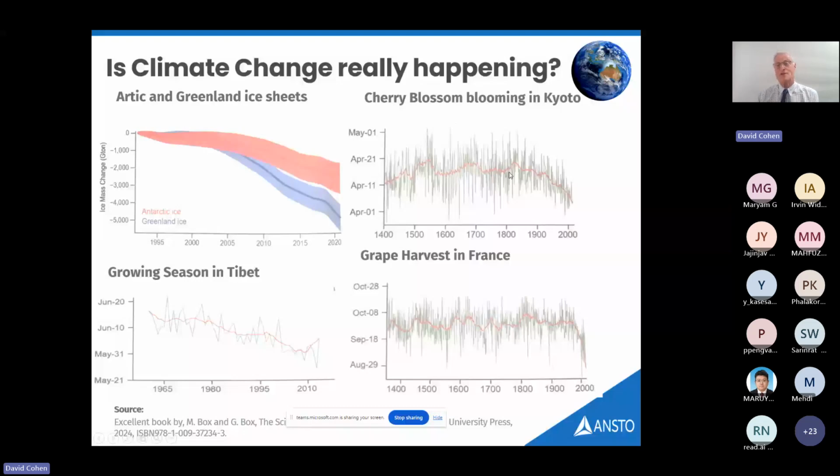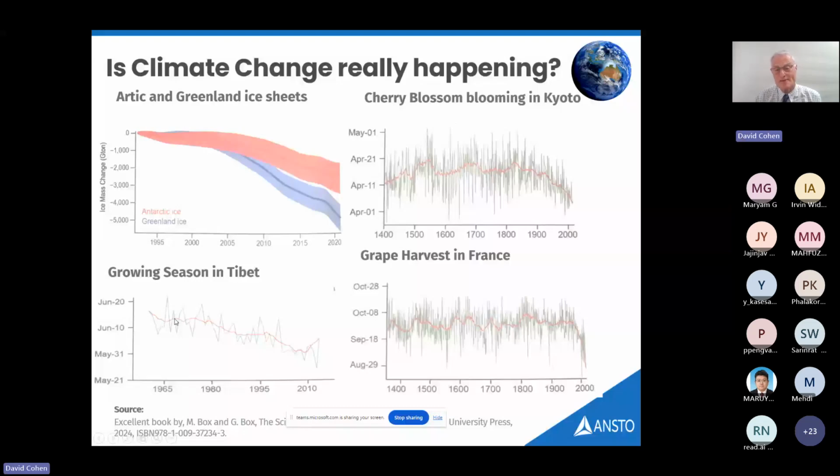So it's come back 2 or 3 weeks in the last 200 years compared to what it had done 600 years before. And you can look at the growing seasons here in Tibet. Same sort of thing again. This is only going back to the 1960s, so we're only going back 40 or 50 years. But you can see in that time we used to go from mid-June, now we're going to the end of May. So these things are starting to change.